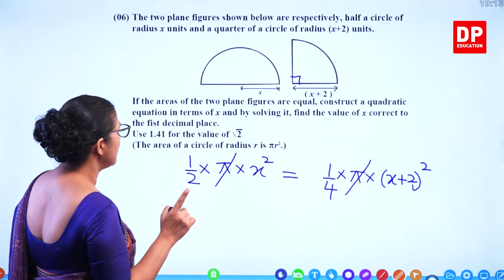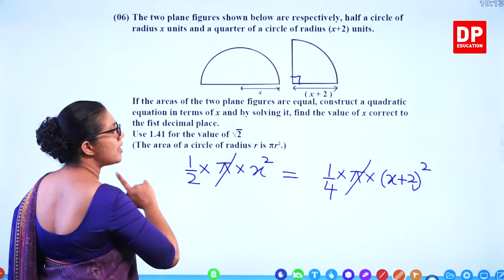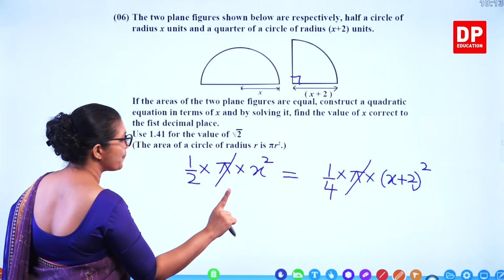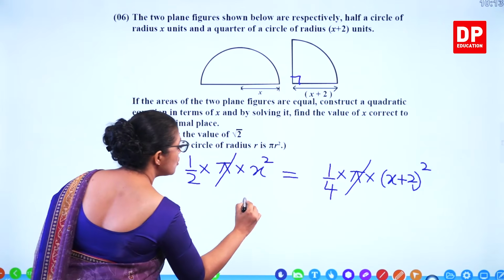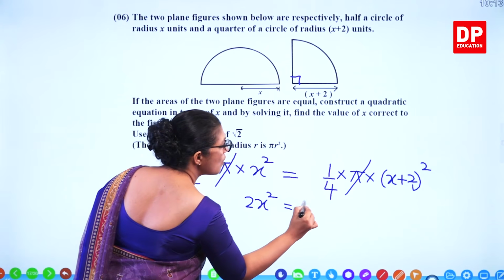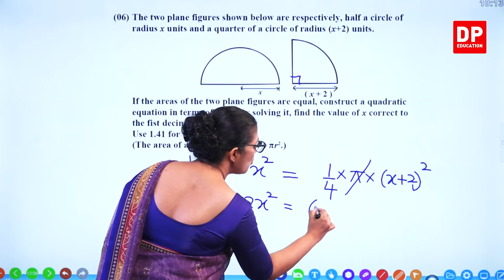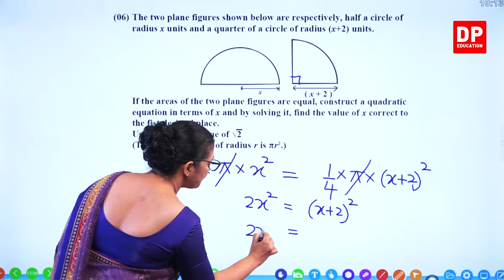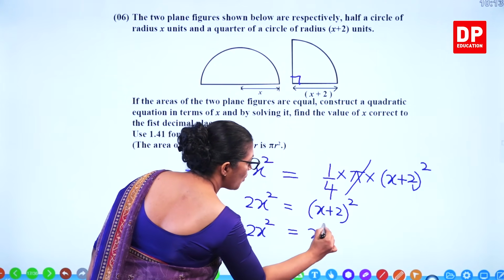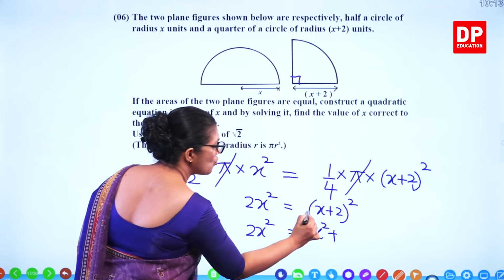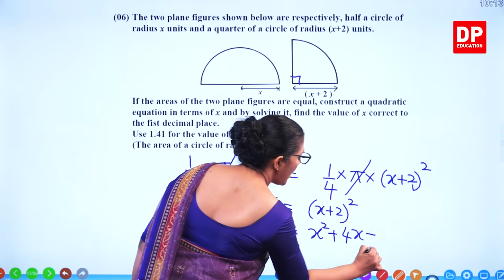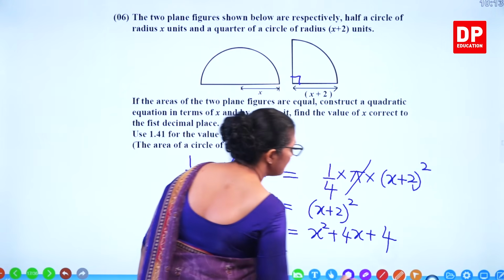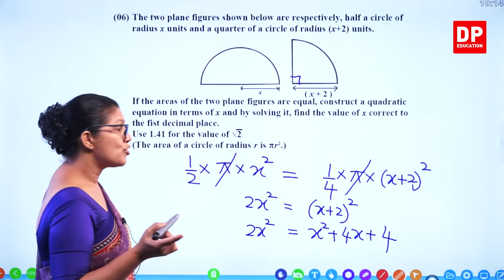And you can multiply both sides by 4. You get 2x squared is equal to x plus 2 whole thing squared. Now expand brackets. First term squared, and double of these two terms you get 4x, and square of the last term. If you can't do this, what you do?